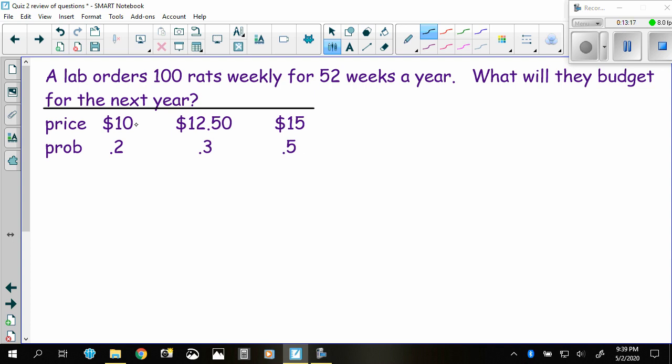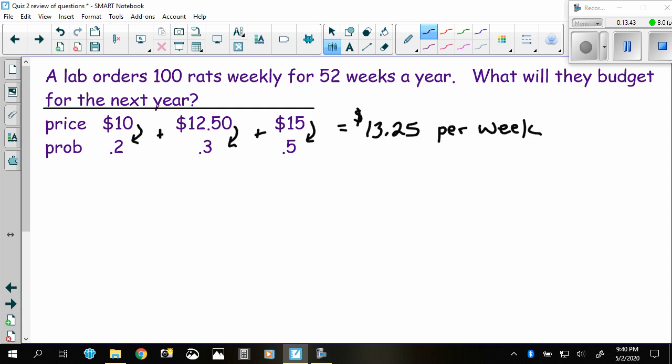So if we multiply our probabilities together with our values here, and then add those multiplications, I'm not going to write it out, I'm just going to do this. If we multiply these numbers and then add them together, that gives us an expected value of $13.25. But that is for 1 week. So that is per week.